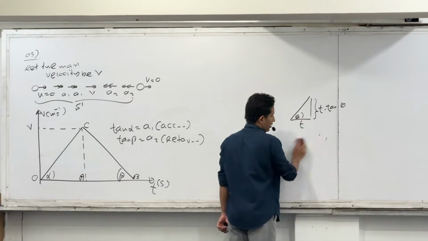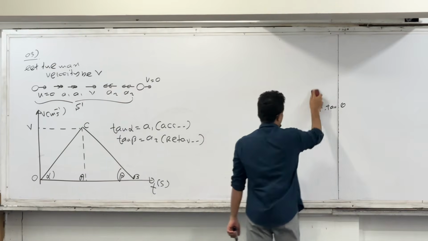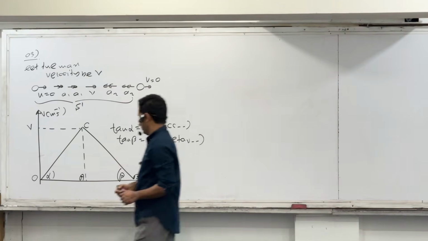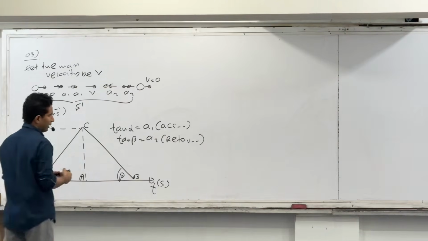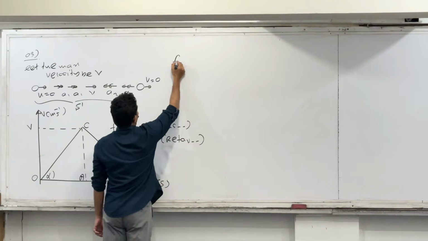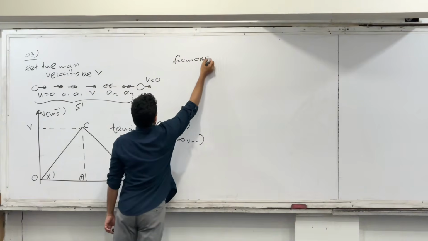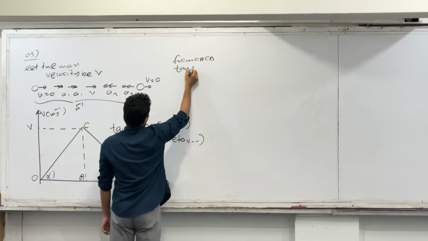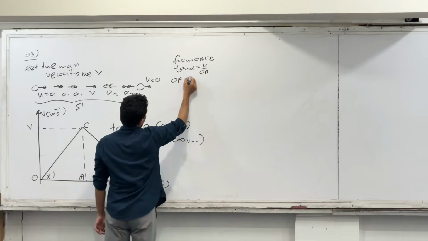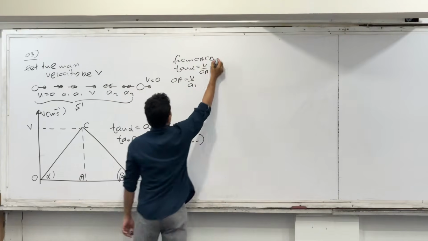Otherwise, we can write it directly this way. Look. From triangle OAC, tan alpha equals v divided by OA. Then OA equals v over a1.